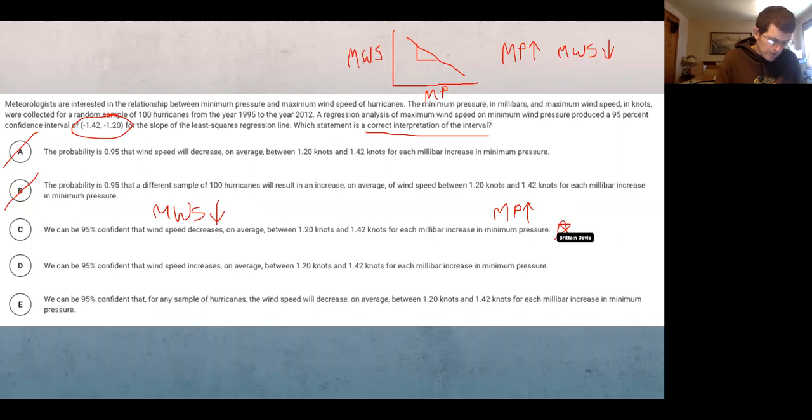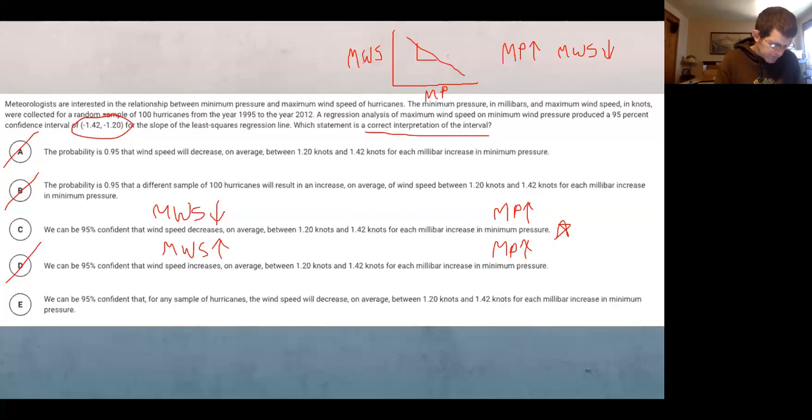The next one is almost the same, except it says maximum wind speed goes up as minimum pressure goes up, and we already know that's not the case. And then we can be 95% confident that for any sample of hurricanes, the wind speed will decrease on average between those values for each millibar increase.